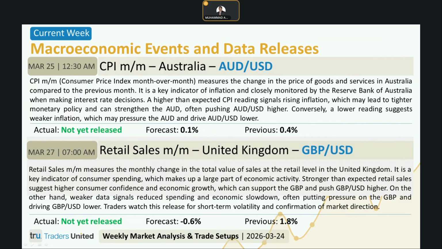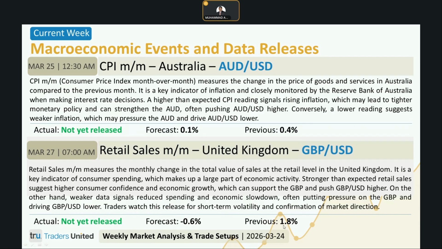Now let me talk about market context and pre-release expectations. The Forex forecast, I'm also going to discuss that as well. So let's start. The forecast related to the retail sales shows a sharp decline from positive territory to negative territory.